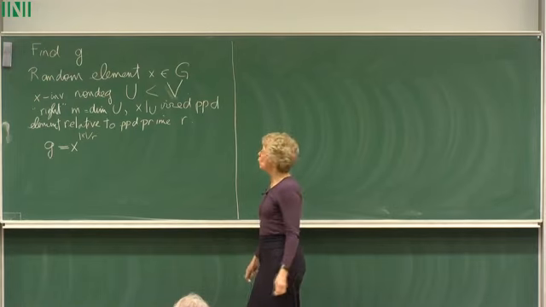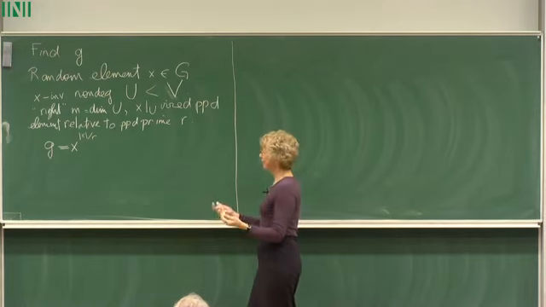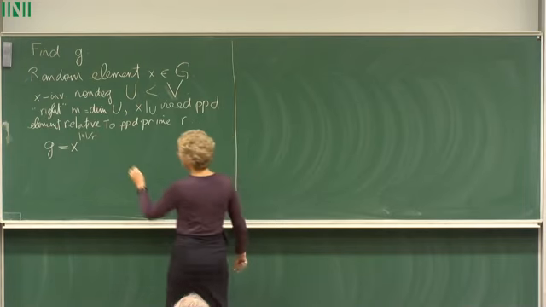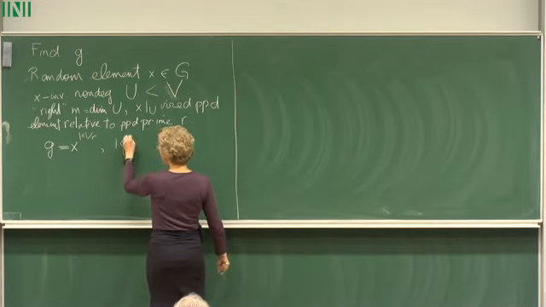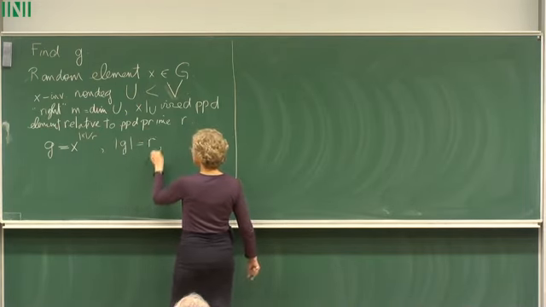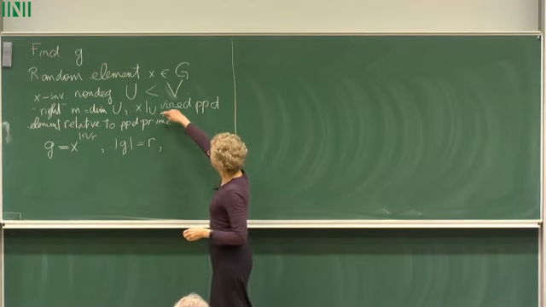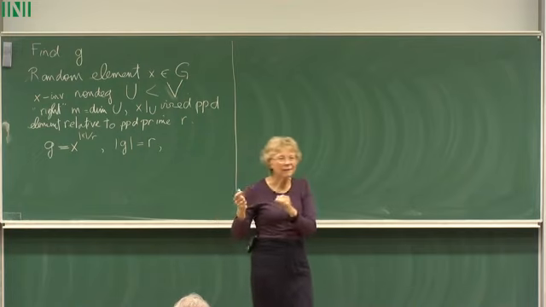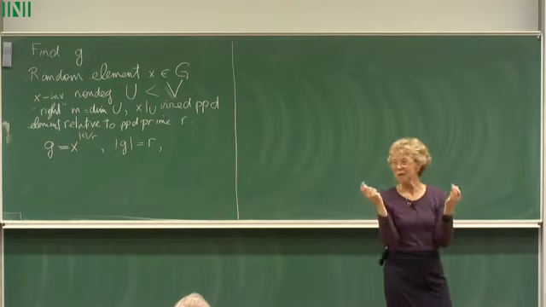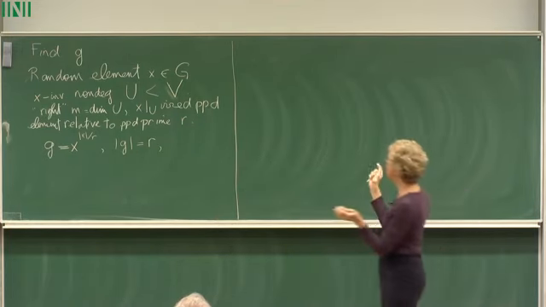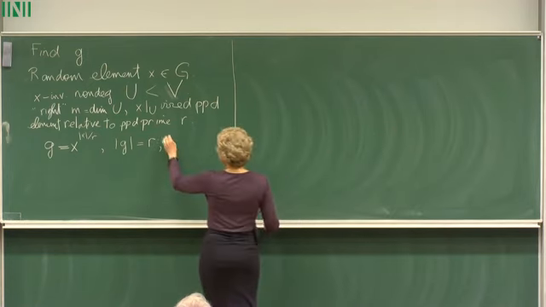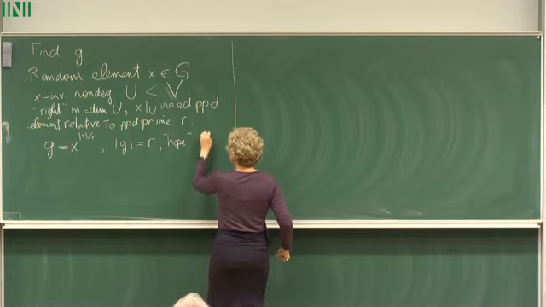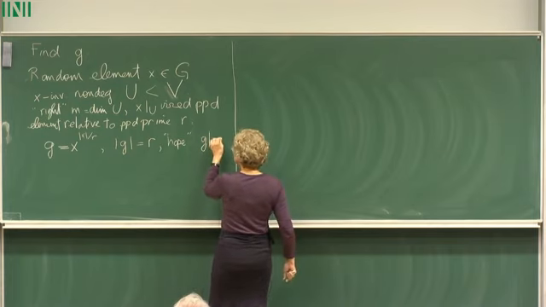So what would we know about g at this point? It would have order r. If we're thinking of how x acts on U, well, it might or might not. We're hoping we would like it to still be acting as a PPD element.